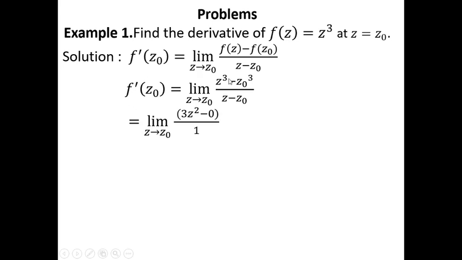Therefore, the derivative of z cube is 3z square, minus z0 which is a constant, and the differentiation of a constant is 0, divided by the differentiation of z which is 1 minus 0. Therefore, 3z square divided by 1. Now put z = z0. We get 3z0 square.